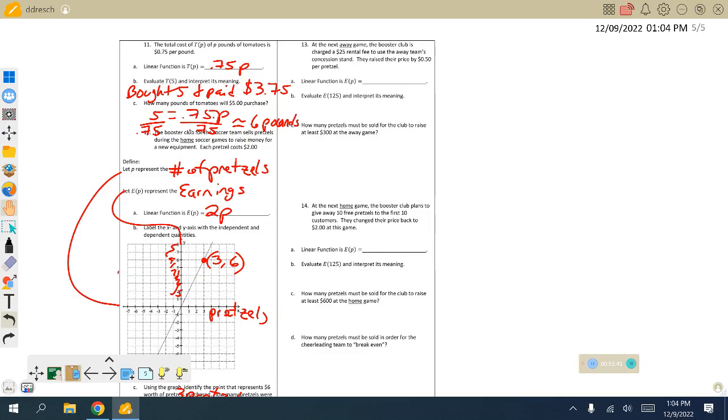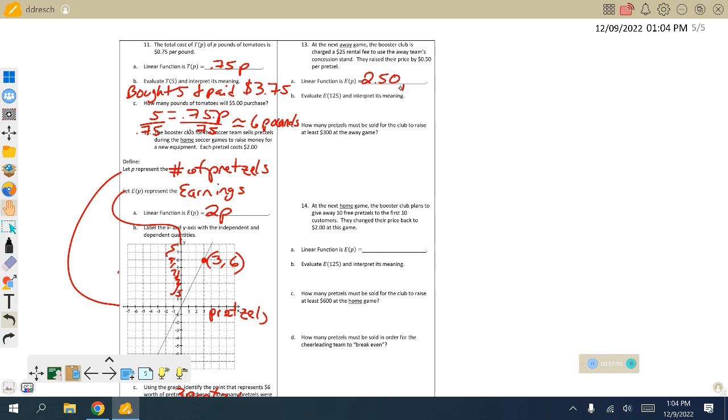Away team's not going to let you just walk in and set up shop. What they're going to do is charge you a rental fee. And on this one right here, we read it. We're charging a rental fee of $25. And because of that, we're also raising the price per pretzel. We raise it 50 cents a pretzel. So what's our new equation going to look like?